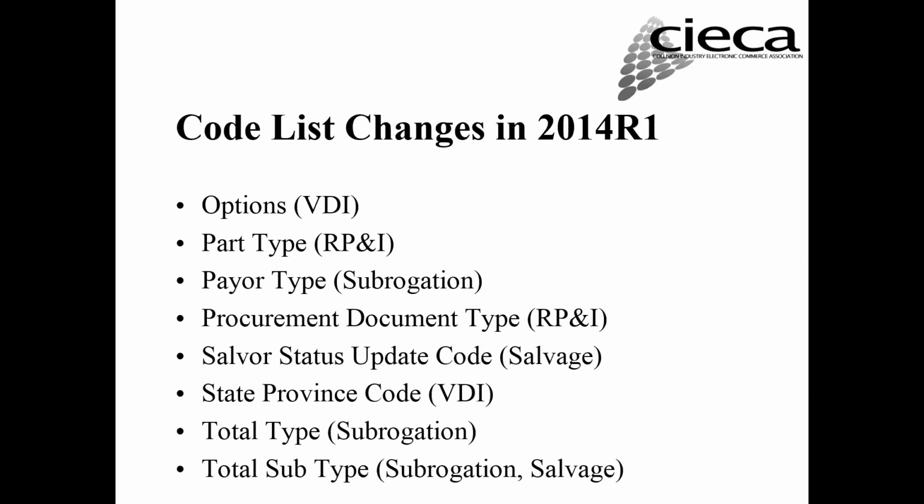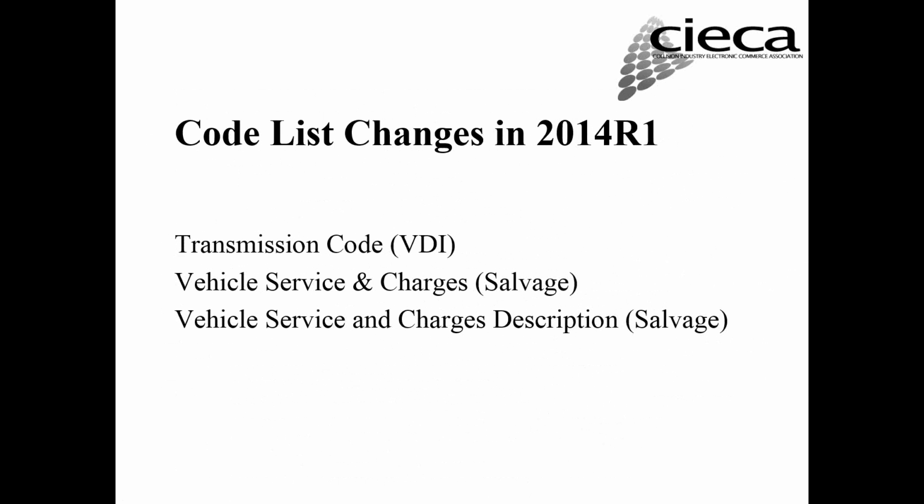Options, we added many more. Part type, payor type, procurement document type, salvor status update code, state province code, total type, and total subtype. And entries to the transmission code table for VDI, vehicle service and charges for salvage, and vehicle service and charges description for salvage.